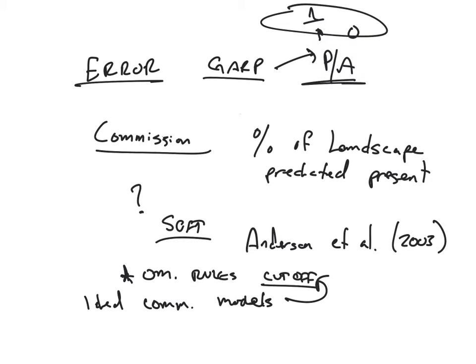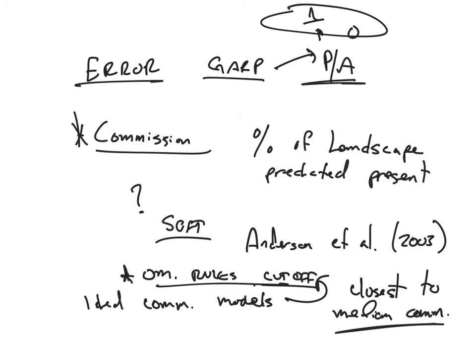It would be the models closest to the median commission value of the models that fall under that omission cutoff. And again, that's described in detail in some of the other videos. But as a reminder, commission is going to be difficult to decide what's ideal, so we're just going to use this rule of selecting the median values. And that'll create the best subset.